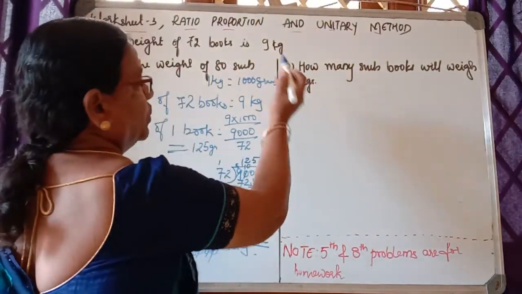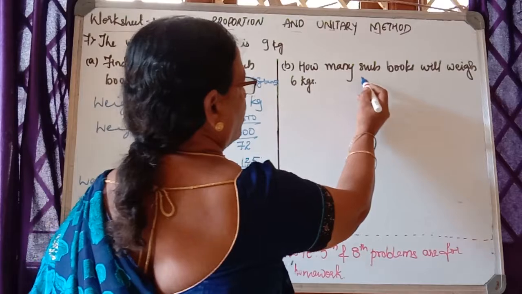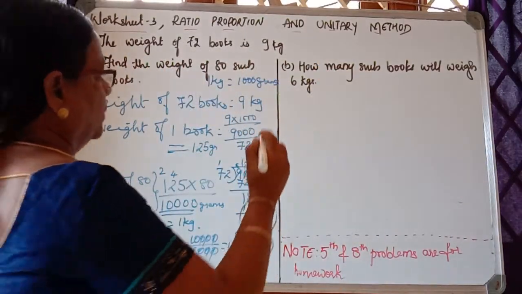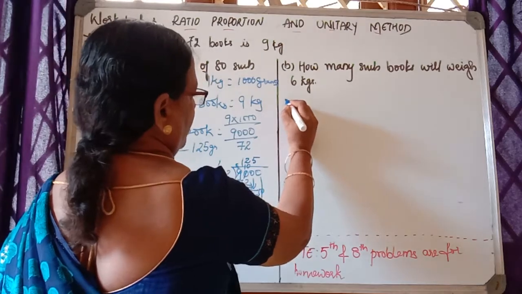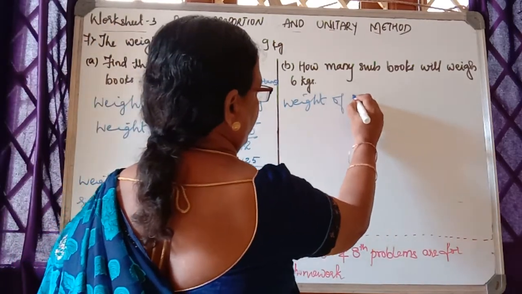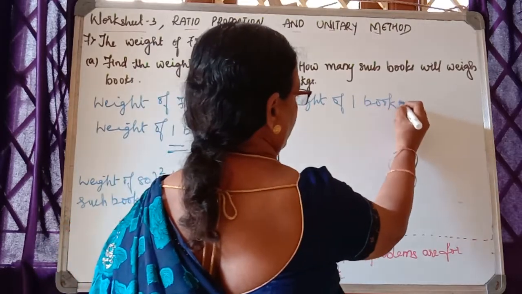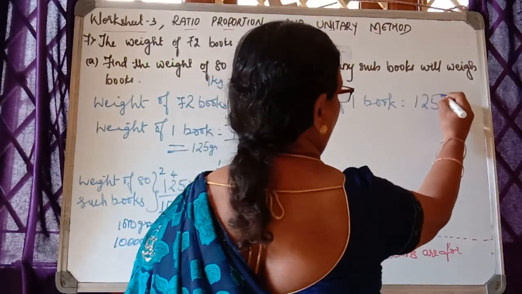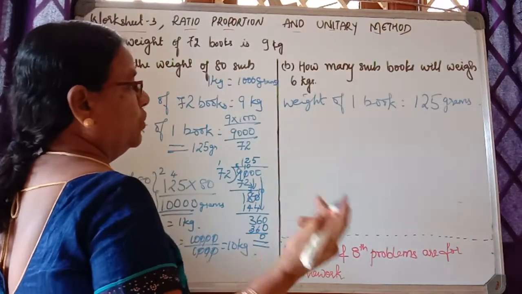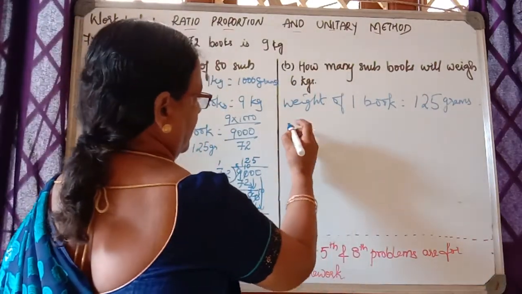Now we'll move to the B sum. How many such books will weigh 6 kg? Before that, we found the weight of one book is equal to 125 grams. So in 6 kg how many books can we get?